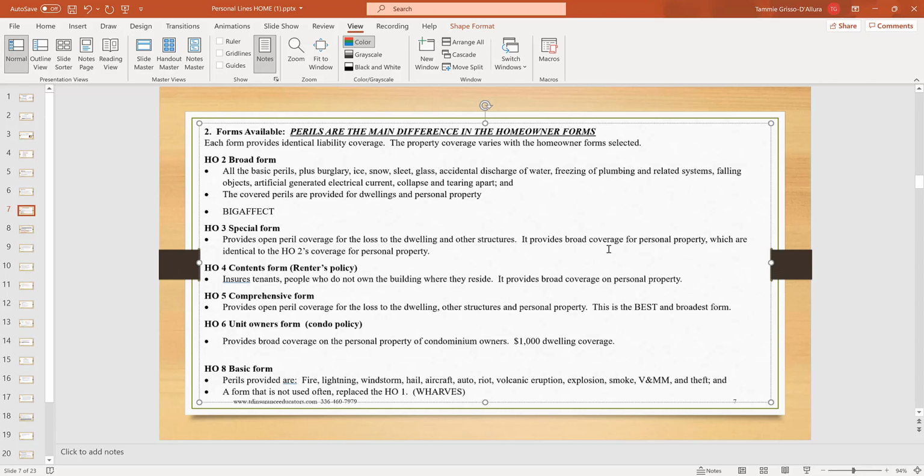But then we go back to the broad coverage for your personal property, which is all of these perils plus these perils. So that deer, if it jumps on the couch, is not covered, because we're going back to these perils and these perils here. So they're identical to the HO2. One of the things that you can do is put an HO15 on this HO3 policy.